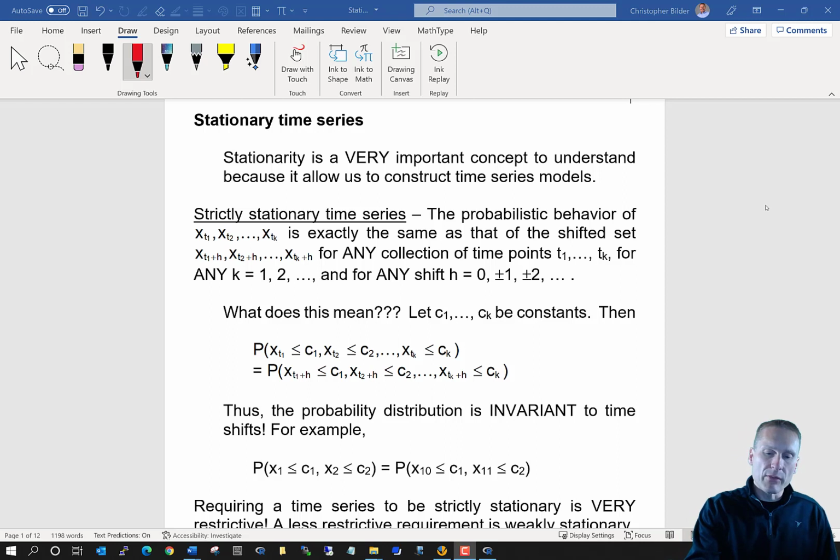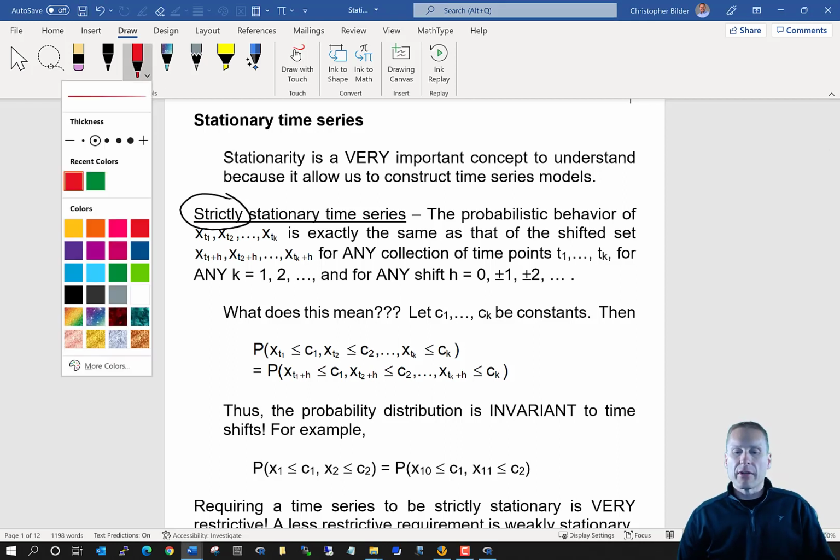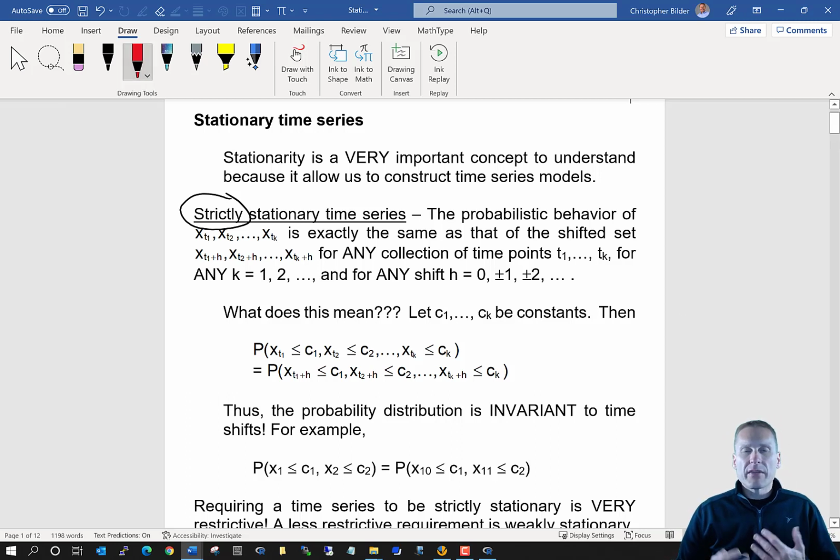The first one deals with a strictly stationary time series. And basically what this is saying is as follows. Suppose I have a set of random variables from my time series that are consecutively ordered. I'm going to call this x sub t1, x sub t2, down to x sub tk. So we have a length of k here.